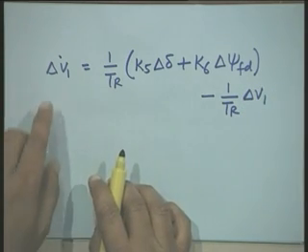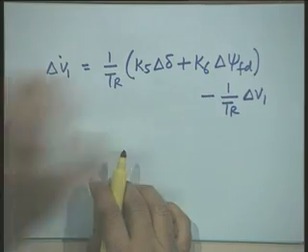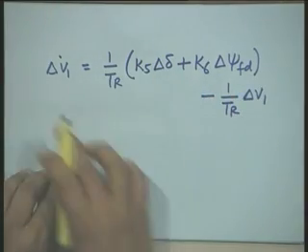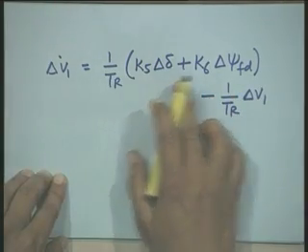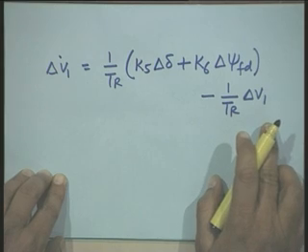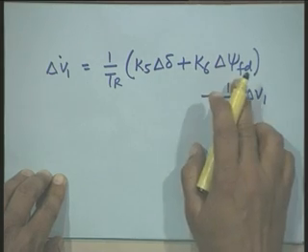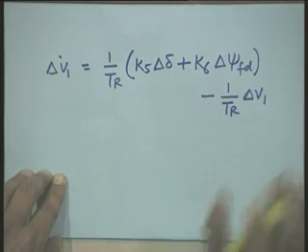Therefore, now I have written one additional equation, this is a differential equation. It is expressed in terms of these three state variables, delta delta, delta psi fd and delta V1. Okay.